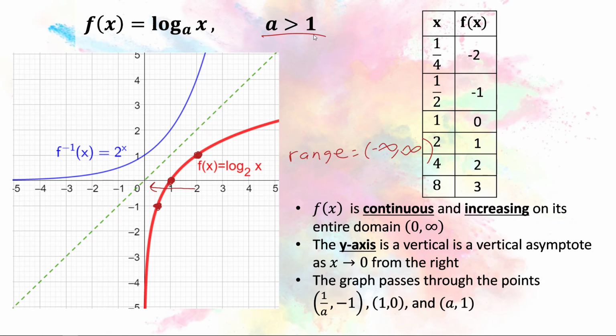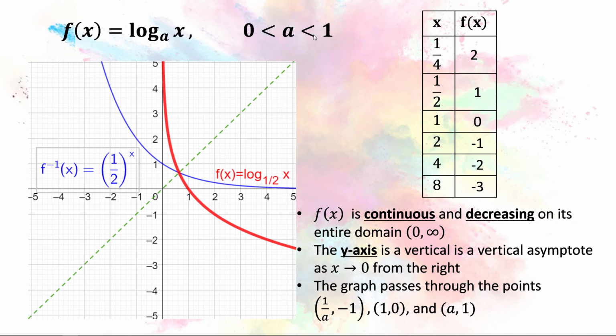Now we can also have plots for the case where a is less than 1, and they sort of follow the same behavior as the exponential function did, which is basically that they are now decreasing over the entire domain. They are still continuous, the domain is still the same, the range is still the same.